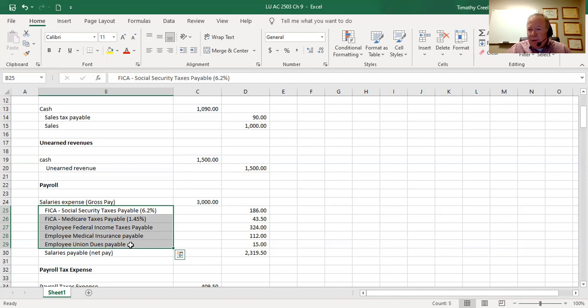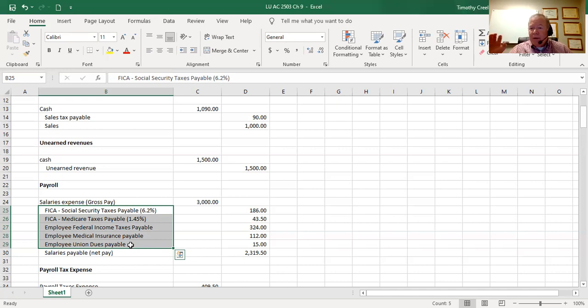If you donate to a 401k plan, like a retirement fund, that would also come out of your check. And also, if your wages are being garnished for any reason, that would come out of your check and then be sent off to wherever it needed to go. Typically, garnishments are for things like unpaid child support or unpaid alimony.